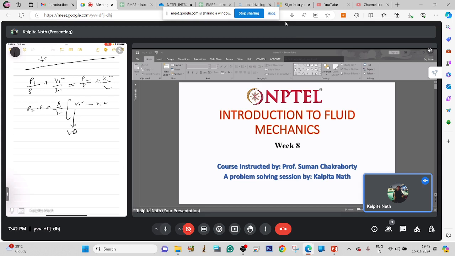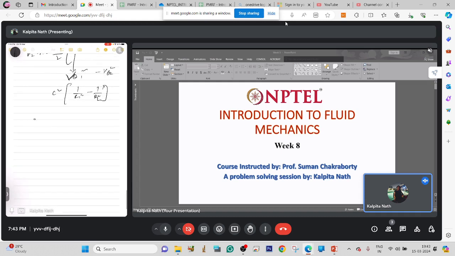So this is equal to V theta 1 square minus V theta 2 square, which is C square times 1 upon R1 square minus 1 upon R2 square. So this is equal to rho C square by 2 times R2 square minus R1 square by R2 square R1 square.